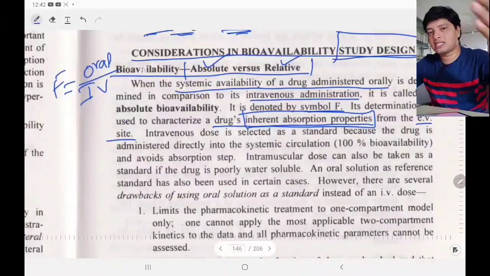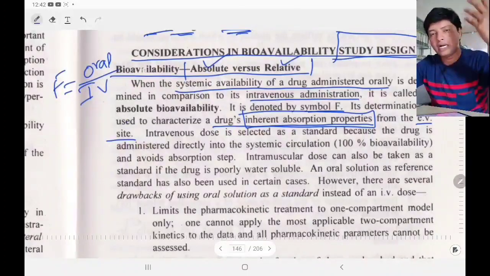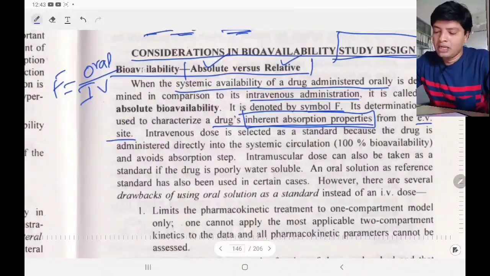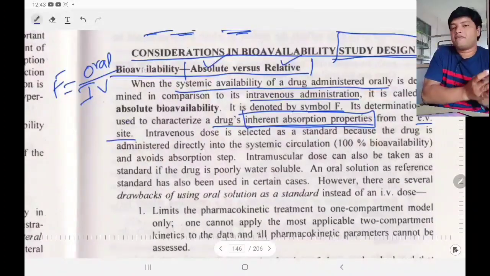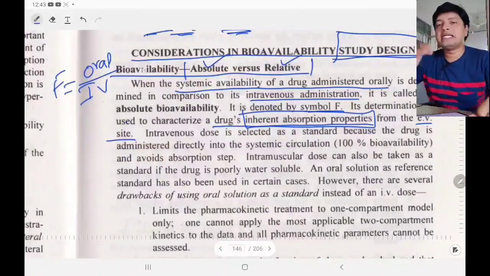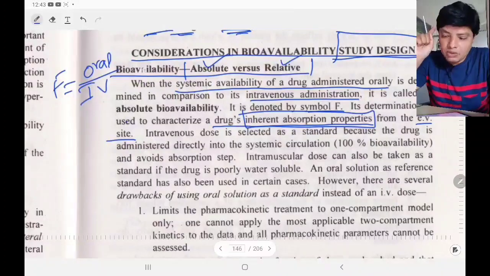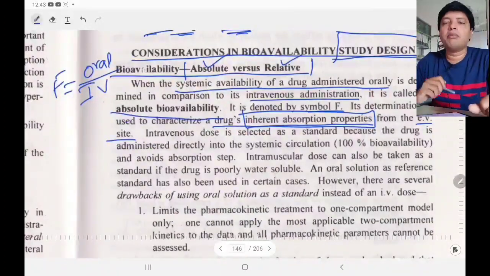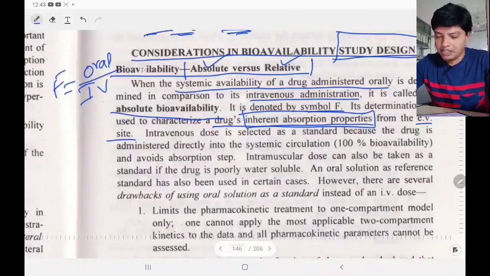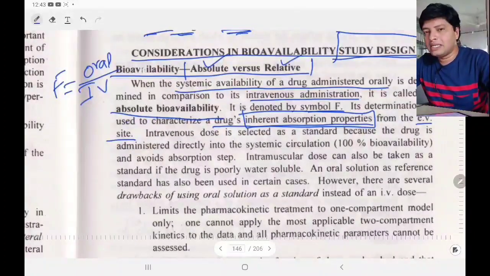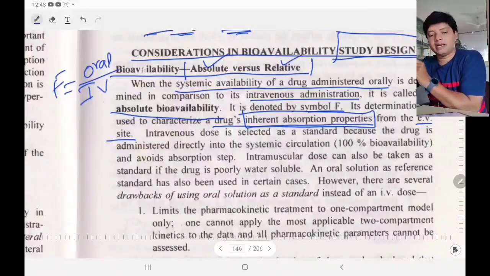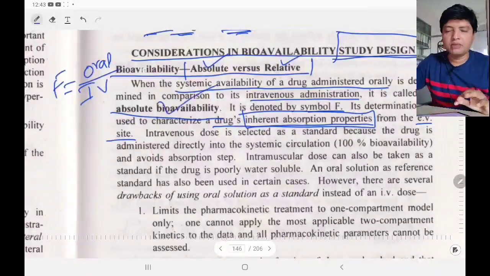If you give the drug extravascularly, maybe orally, topically, anything other than vascular, what is the inherent property of the drug for absorption? To know this, you need to conduct an absolute bioavailability study. Remember the GPAT question: to know the inherent absorption property, which type of study is conducted? That study is the absolute bioavailability study.